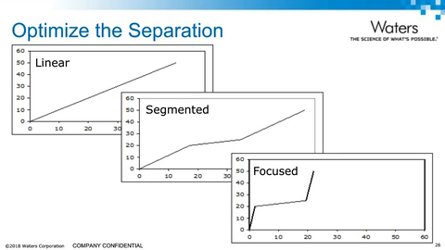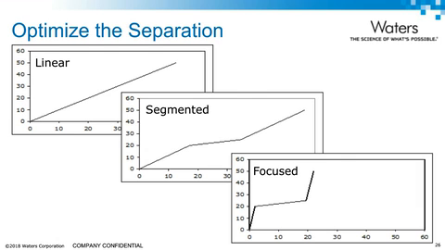And then once my peak of interest is out, I can immediately wash the column and get ready for the next injection. The beauty of a focused gradient is that it doesn't take that much time to get the separation done. So we can very quickly do the purification.